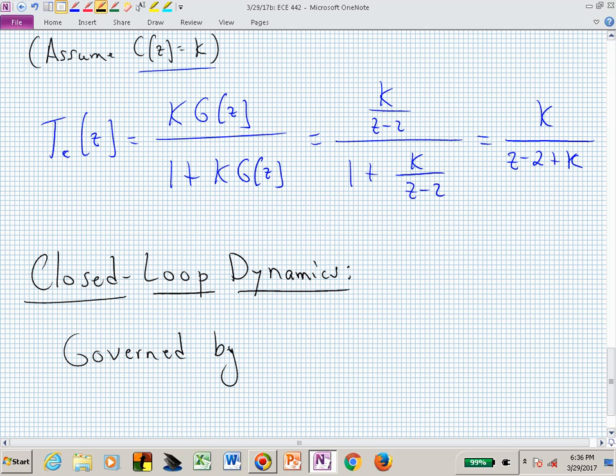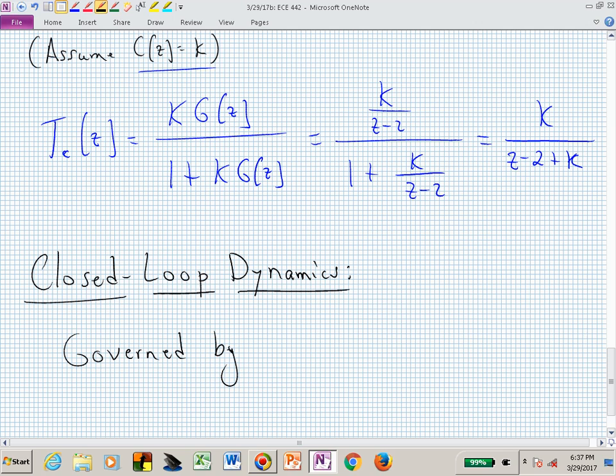What influences the dynamic behavior of this system? What do I mean by dynamic behavior? Well, the dynamic behavior are these structures that you've talked about already. If I said, what's influencing the structure of this transfer function, what would you be looking for? The poles, right? Can you find the poles of this system?